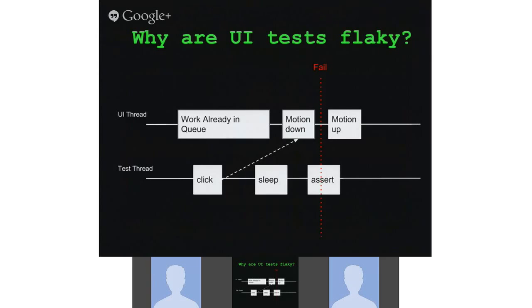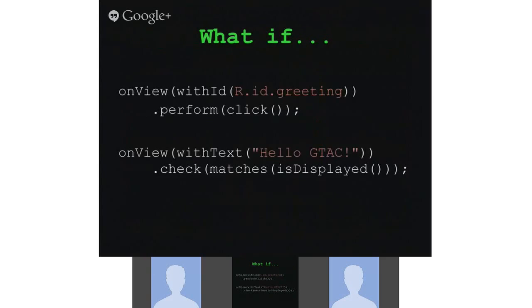So that's causing flakiness. What if we could put all of this concurrency handling and synchronization under the hood and come up with something like this to help us run testing? We can then focus only on procedural testing. We can say, click on this view, and then verify that this text appeared.